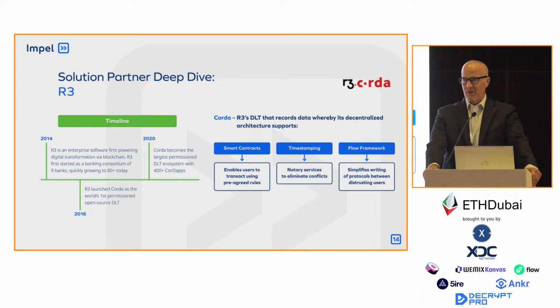Think of it, it's not a true blockchain, but it's a distributed ledger technology, and it's a private format. So each entity will have their own Corda app for their own usage for their own private transactions. Impel's bridge allows digital assets to move from the public blockchain to Corda apps on their private platform.